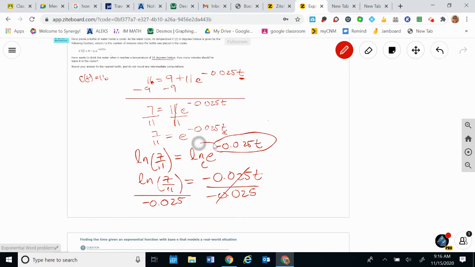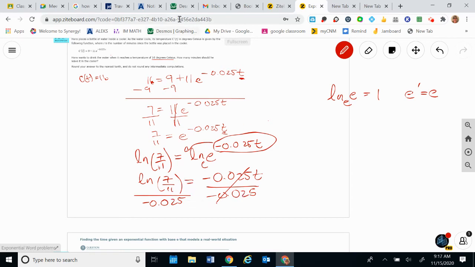So you know why we did what we did. That was rule 3, and then ln of e becomes 1. If you need to write that down, I've written it so many times, but just in case. That's because e to the 1 equals e. It's nice because it basically cancels it out.